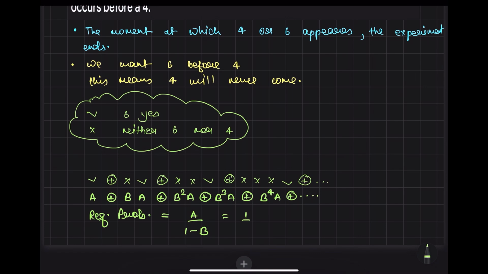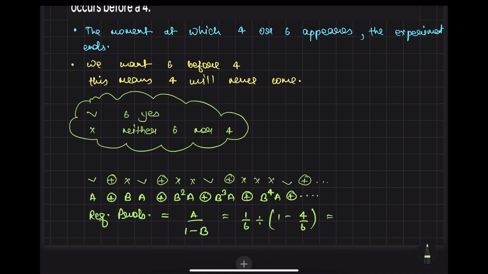The probability of getting 6 is 1 by 6. Now it is 1 minus B. Who is B? B is neither 4 nor 6. This means you may have 1, 2, 3 or 5. Means the probability is 4 by 6. Okay, sorry, it's not multiply, it is divide.